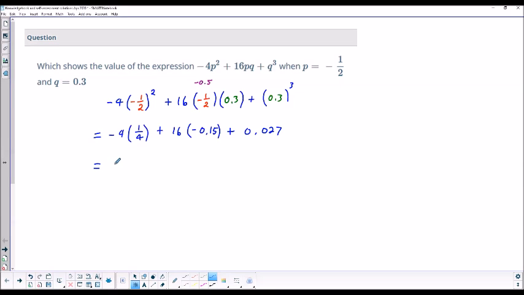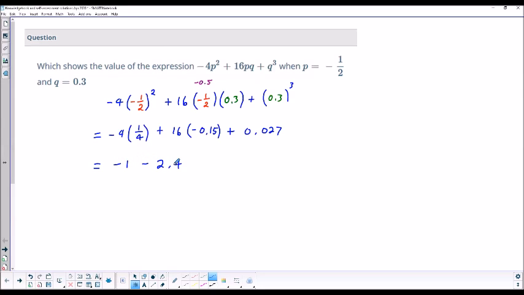-4 multiplied by a quarter is just -1. And then we've got 16 multiplied by -0.15, which gives us -2.4. And so it'd be plus -2.4, but a positive multiplied by a negative just gives you a negative, so that ends up being like a subtraction sign.